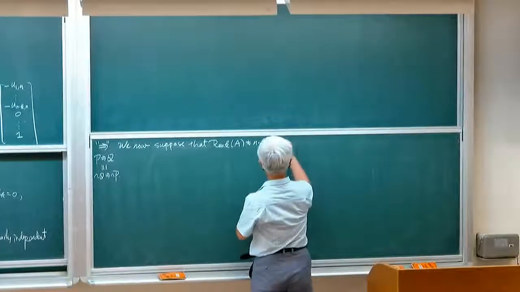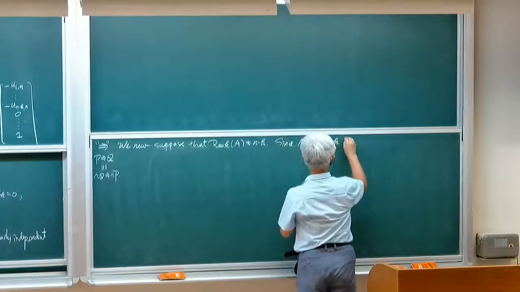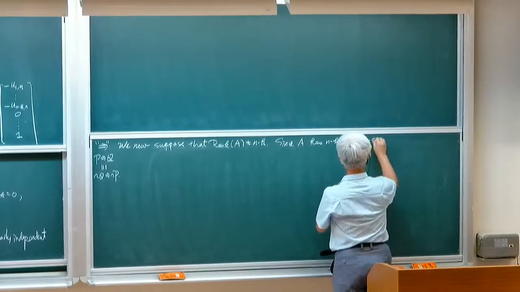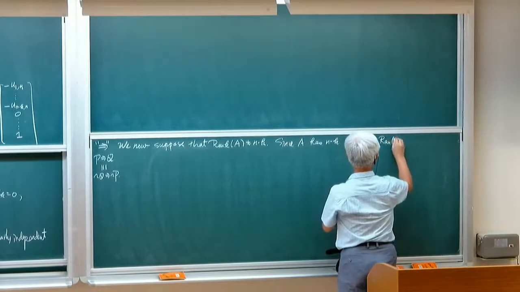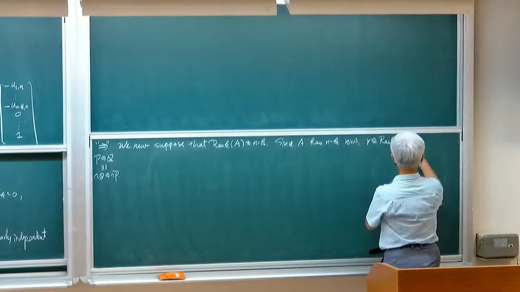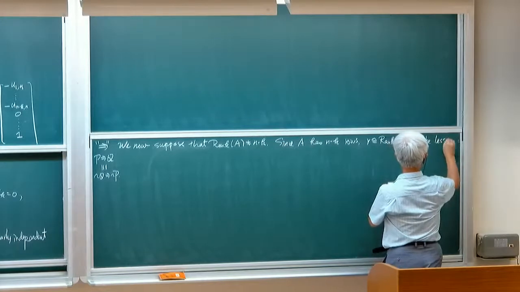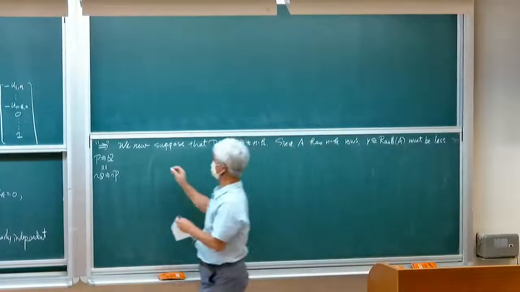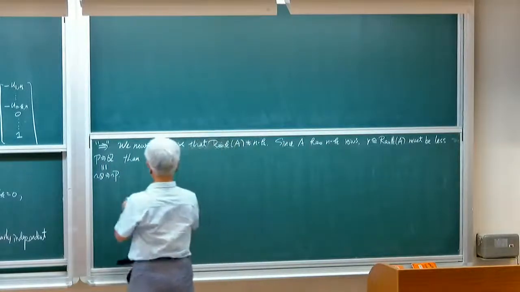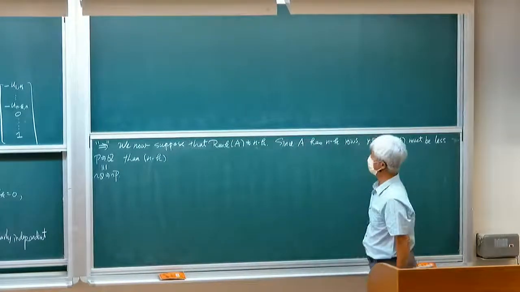Now since A has n minus k rows, if we define the rank of A as r, then r must be less than n minus k, because it's not equal to n minus k.